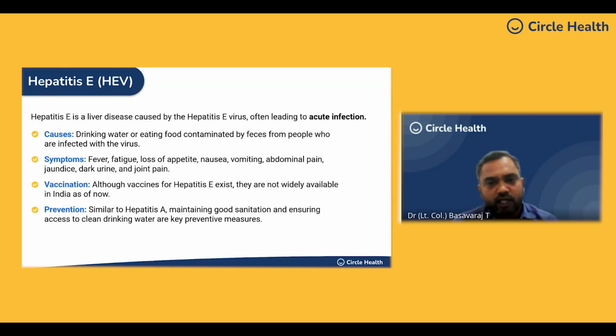But once you are chronic, if you are more than 6 months infected with hepatitis B or C, then make sure that you are at most physically fit, leading an active, healthy lifestyle, and practicing all the preventive measures in order to not transfer it to your family. Even in family, it doesn't mean only spouse, even your kids.